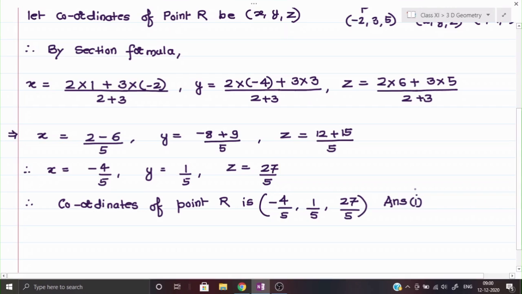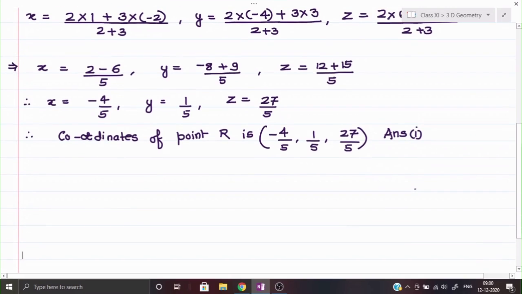Okay, now let us see the same question for part number B. In part B, we shall write down for external division. So here we shall give the heading again for external division.